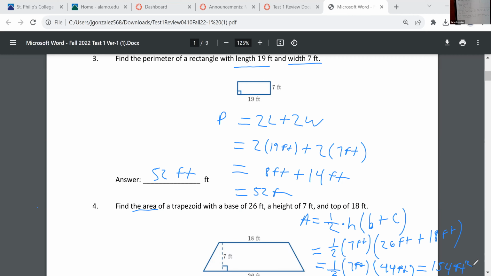Double check. Yeah, 154. Cool. Any questions on 4?